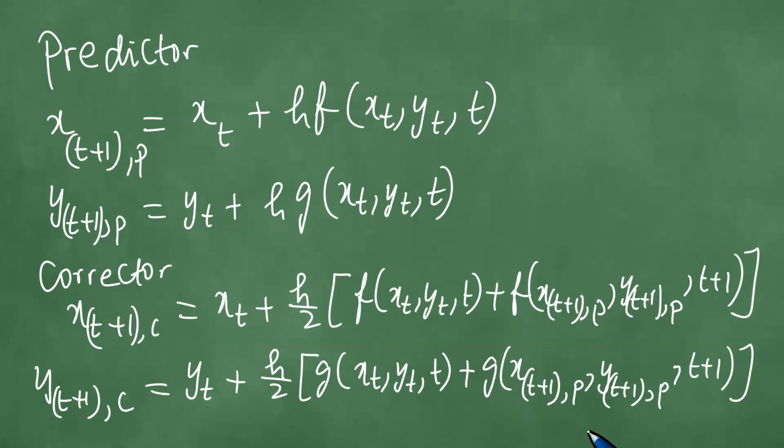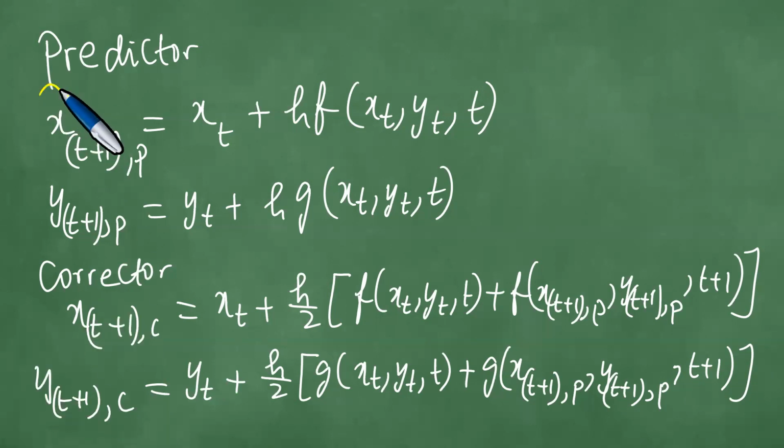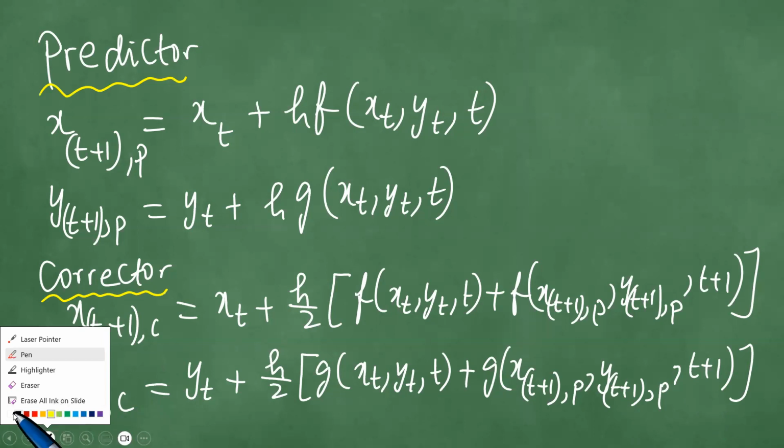Right, so we have the two equations, both the predictor and the corrector as stated before, but this problem has two differential equations, and hence we have two predictor and corrector equations respectively.